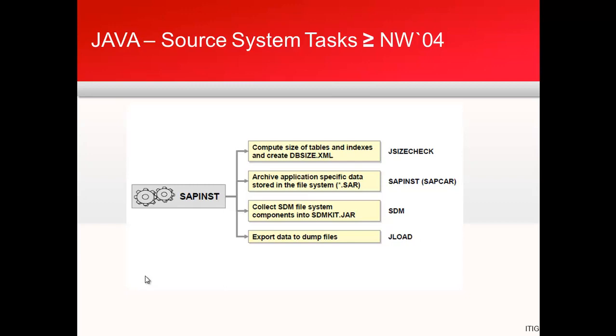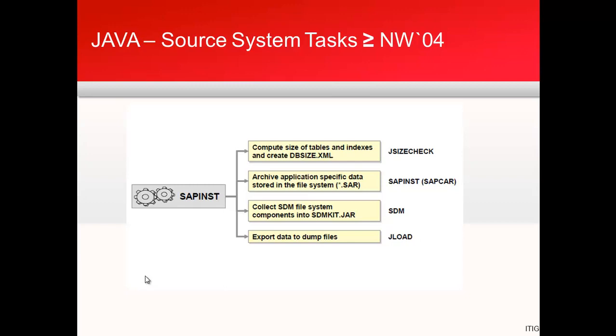The software component, SDM, is called to put its file system component including the SDM repository into this file, and finally the main export happens using the tool called JLoad, which is used to export the Java data dictionary. So the Java dictionary and the data are exported using this particular utility.